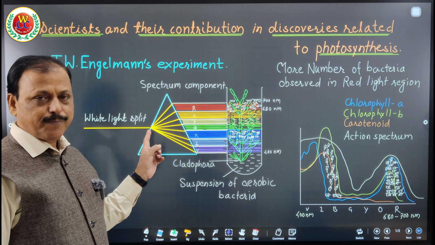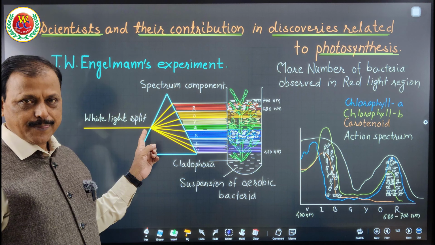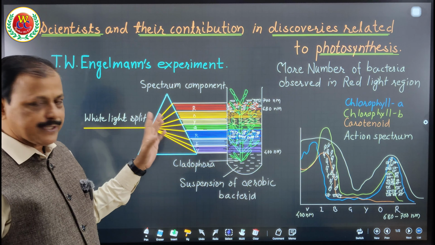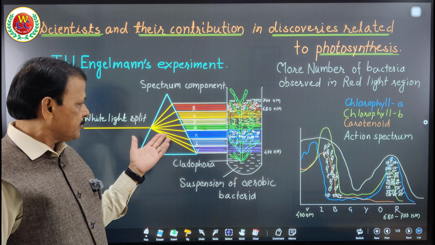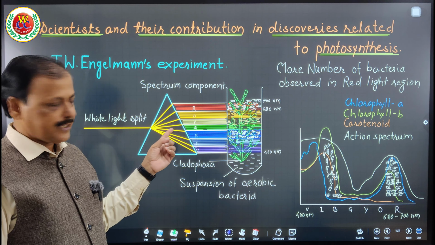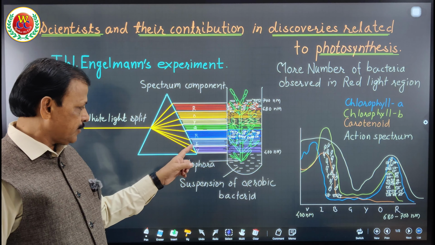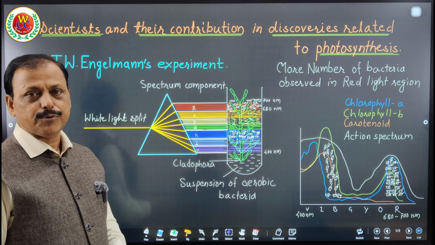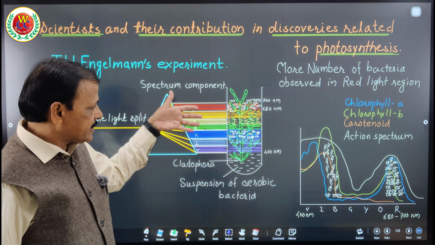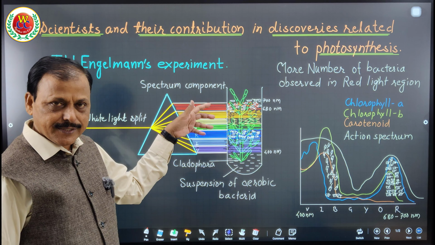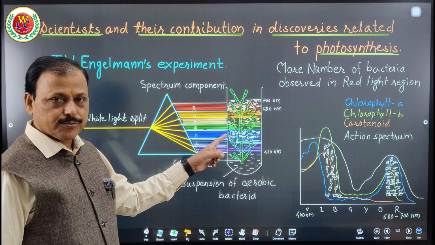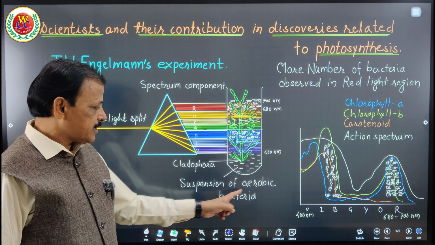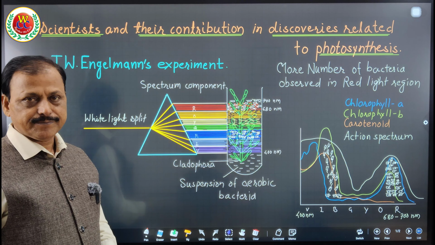He allowed white light to pass through this prism, and as we already knew, light splits into 7 colors, and I wrote here VIBGYOR. Now this light, with that splitter, he allowed to pass through Cladophora placed in the suspension of bacteria.